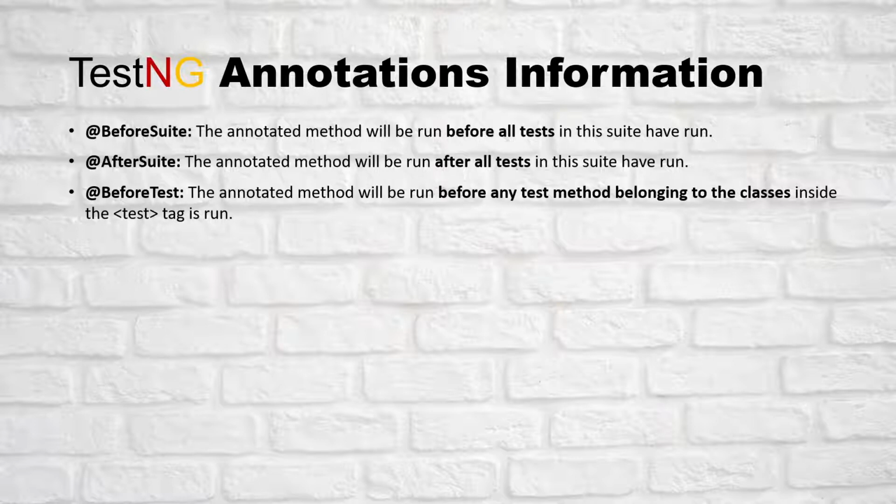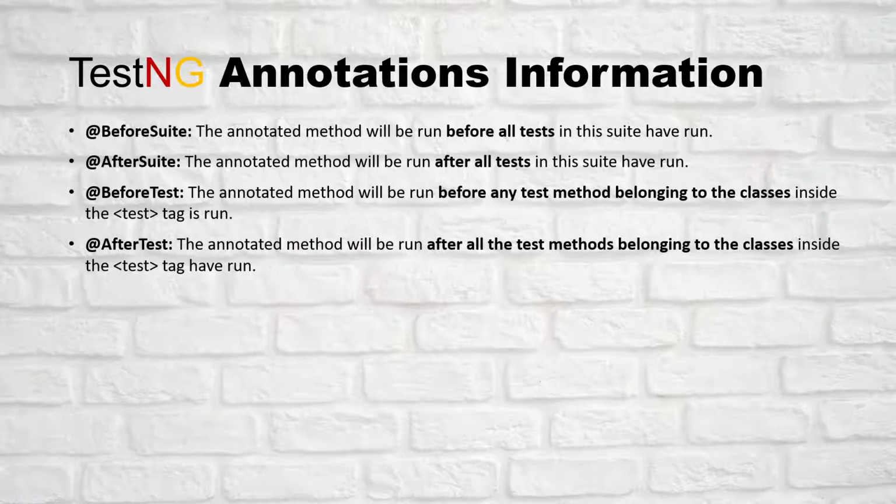I'm going to the next definition, and we'll come back to this. I understand that this may not make sense, but I'm just reading this for you. And after test: the annotated method will be run after all the test methods belonging to the classes inside the test tag have run.